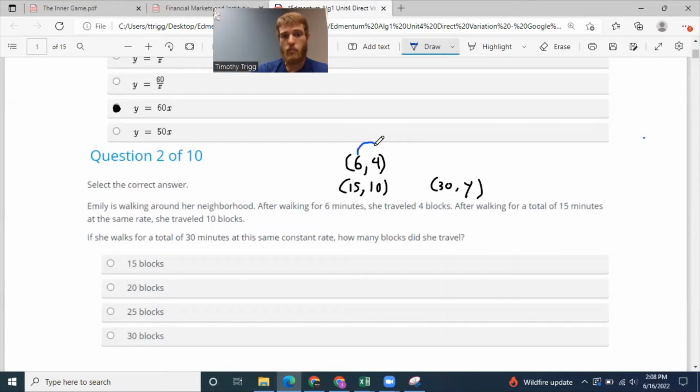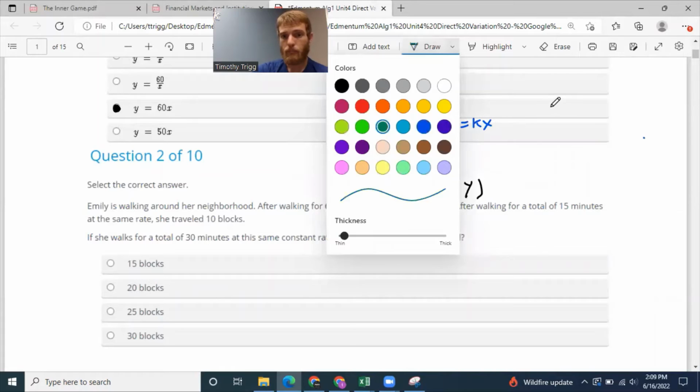So 6 times what gives me 4, right? So what's our value of k? Well, we could set up an equation if we're not sure. y equals k times x, but we're going to use these coordinate points, 6, 4. So replace the x with 6 and the y with 4 to help us find k.